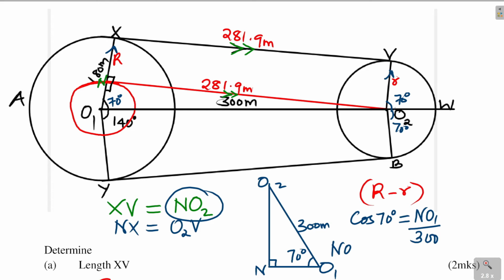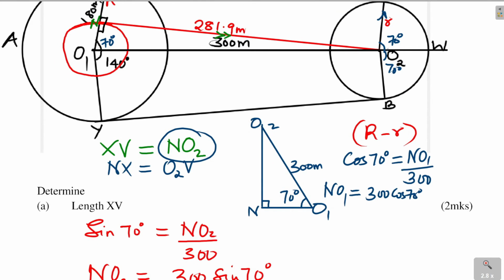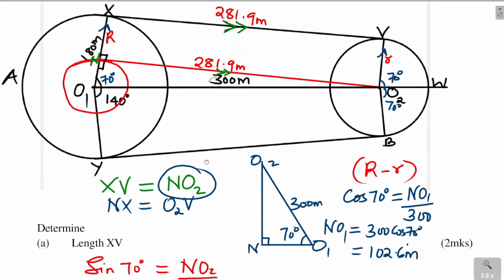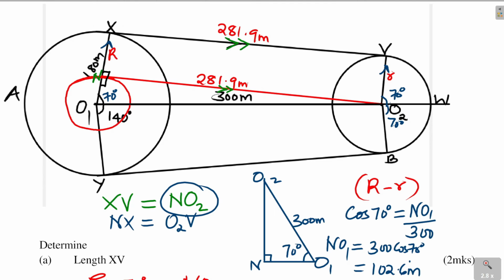So NO1 will be given by 300 cos 70 degrees, which gives 102.6 meters.